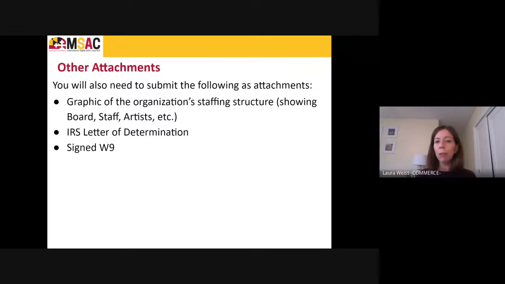So even if you don't have full-time paid staff, we would be looking at the structure that includes your board, volunteers, of course, any staff, if you have them, artists, showing that full organizational structure. You'll also need to share your IRS letter of determination and also a signed W-9, which allows us to process your grant at the end of the process.